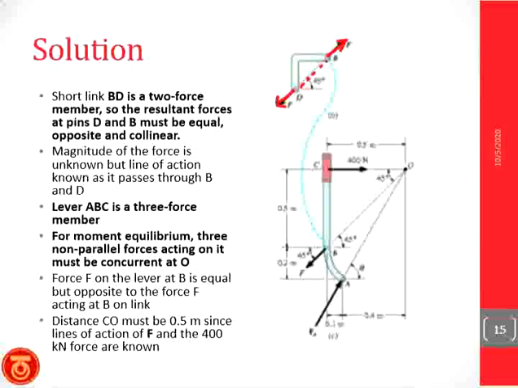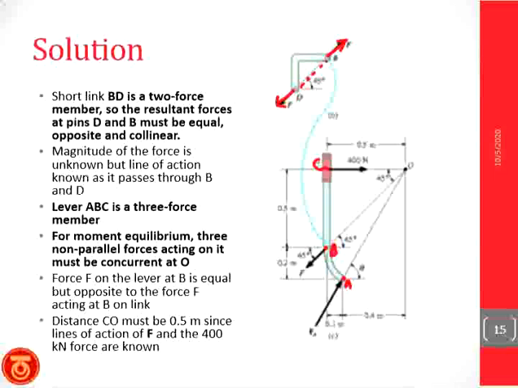And lever ABC is a three-force member. So here we have A, B, and C, because there are three points where forces act. So this is a three-force member.